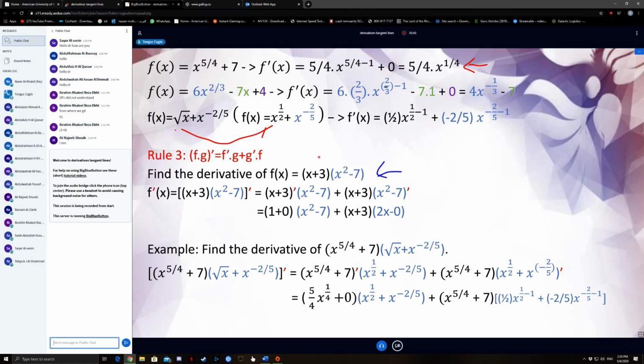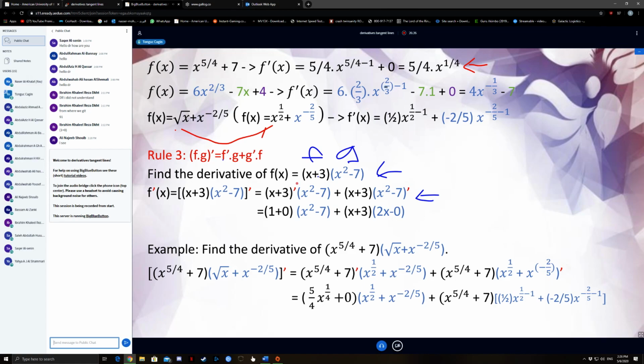This is my first, and this is my second, and they are multiplied, and they want me to find the derivative of it. Just write them in the formula, and that's it. No calculation again. Just plug them there. Instead of f, write x plus 3, and instead of g, write x squared minus 7, and you are done.